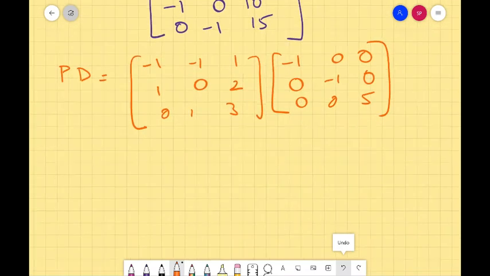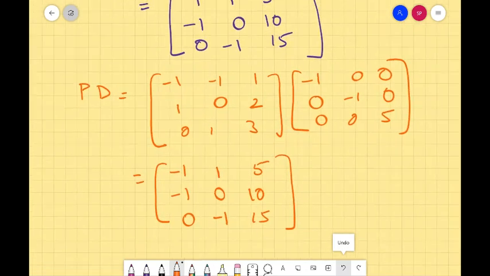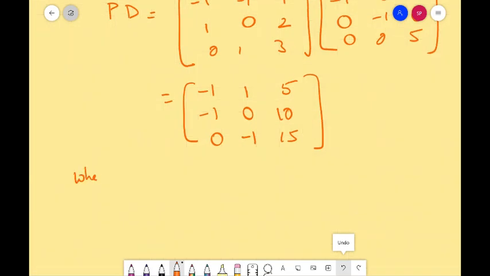Multiply this, you will get here minus 1, and then the next one will be 1, and then the other one will be 5, and then minus 1, and then 0, 0, 10, and then 0, minus 1, and then 15. So this is what AP is equal to PD. This is how to diagonalize a given matrix.